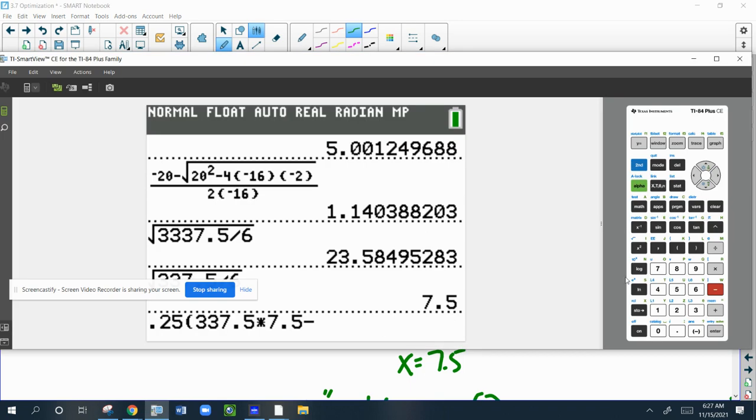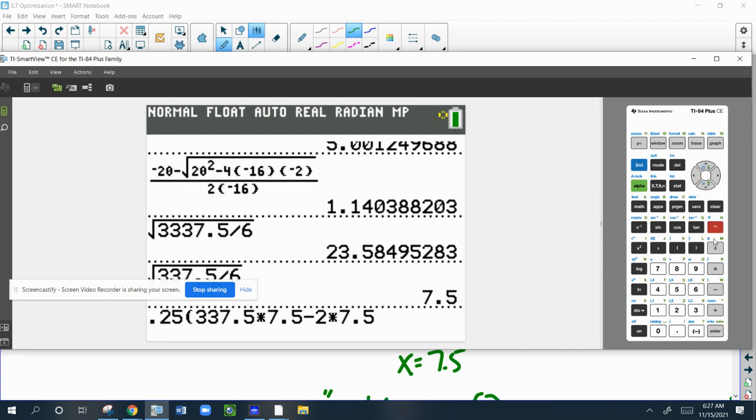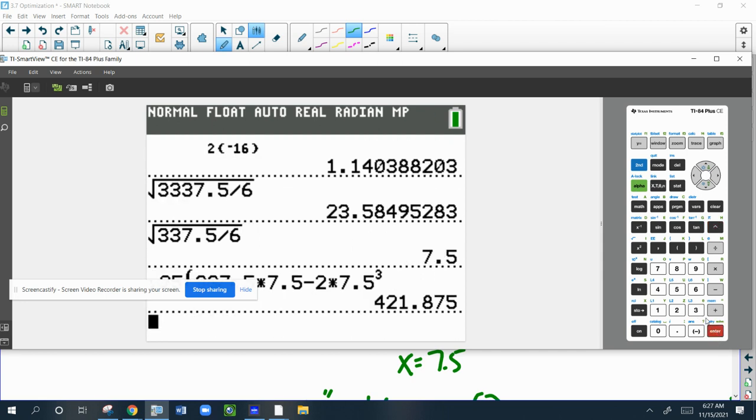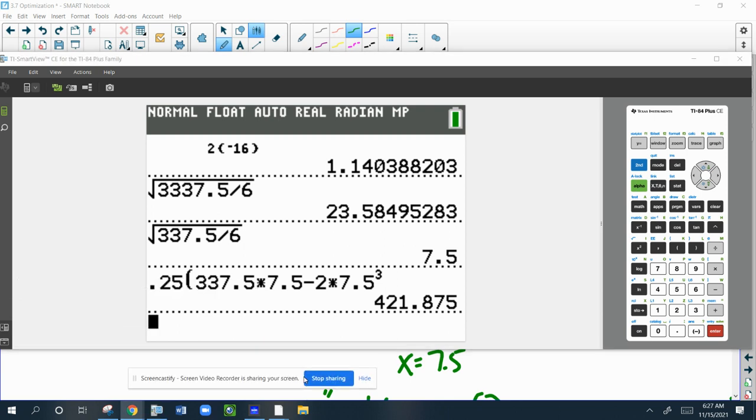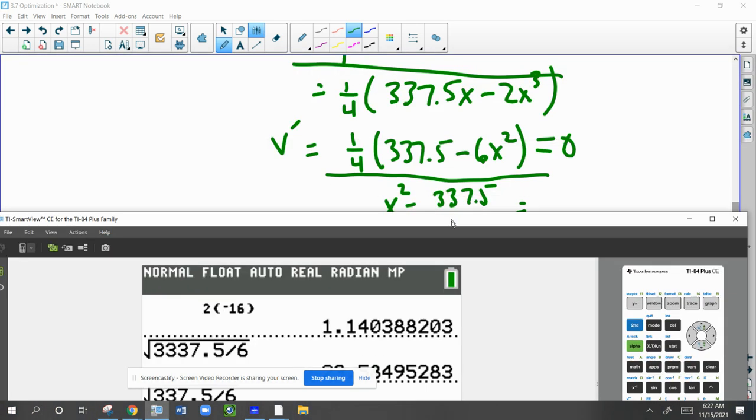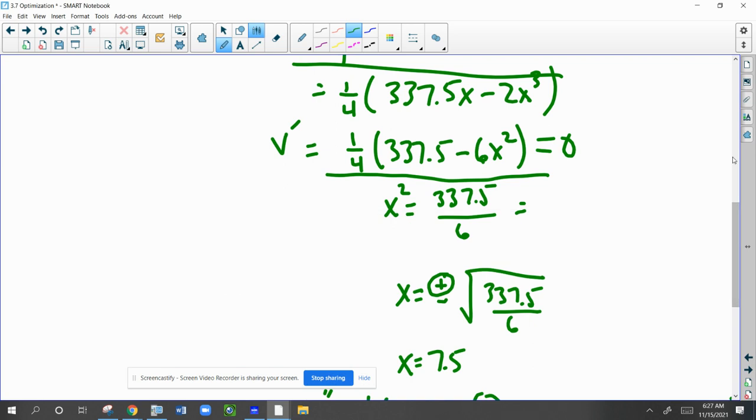Minus 2 times 7.5 to the third. And this is wrong, I'm sure. Oh, that was the volume. I plugged it into the wrong equation.